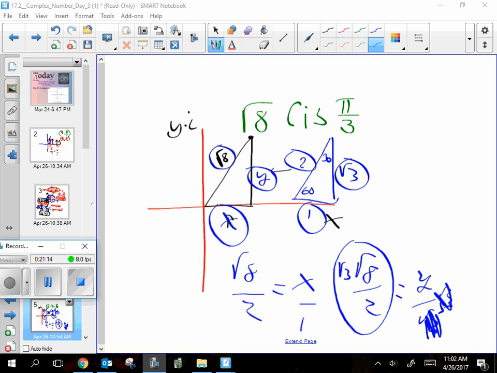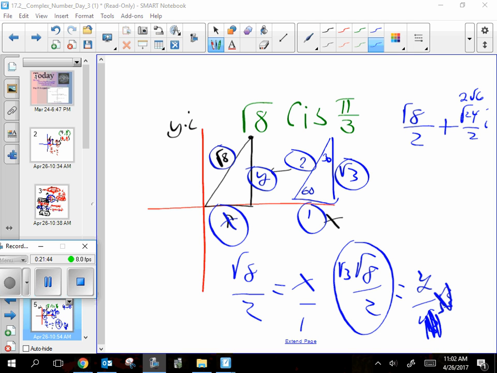So your job was to find x plus yi form. It would be root 8 over 2 plus my y, which is root 24, over 2i. And yes, root 24 is root 4 and, help me, 6. So then that would be 2 root 6, I think.